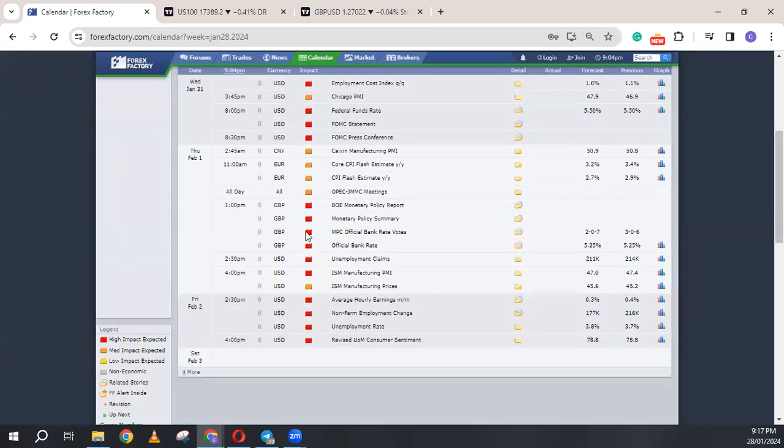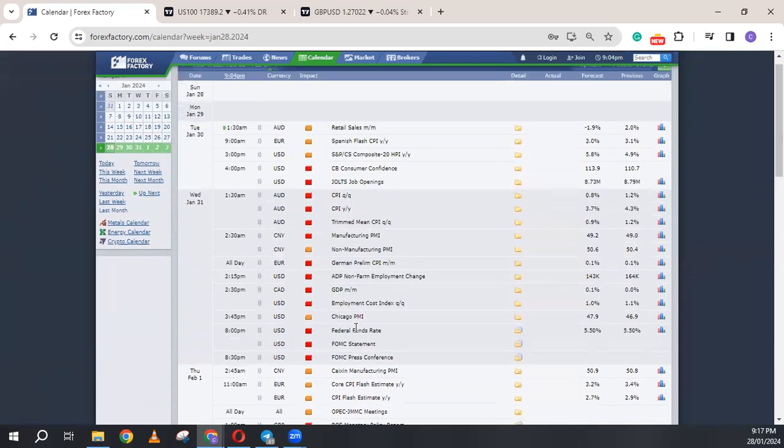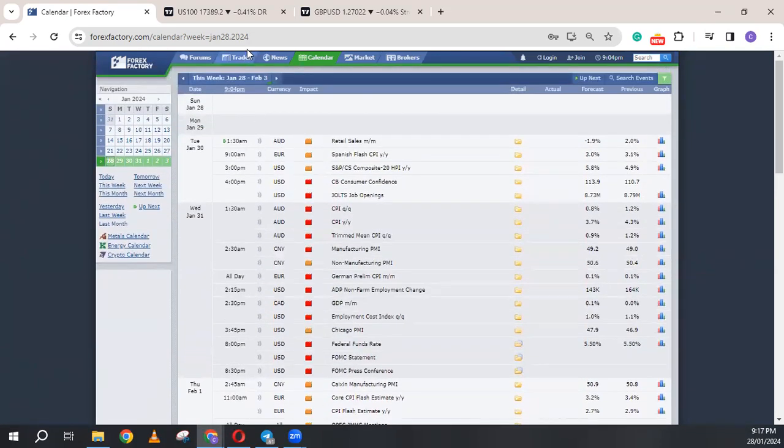Then we have rate news on the pound on Thursday. You also have news on the dollar index on Thursday. Then another major impact news is non-farm payroll and unemployment change. These are high impact news for the dollar index going into the next week. So next week is going to be very interesting.